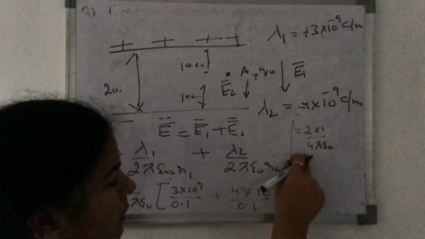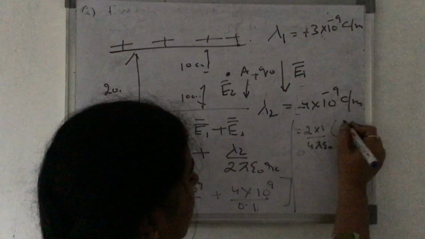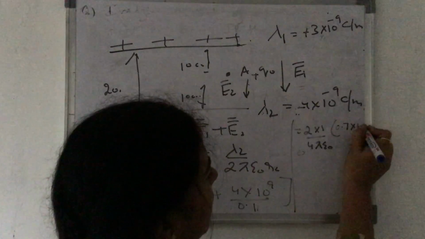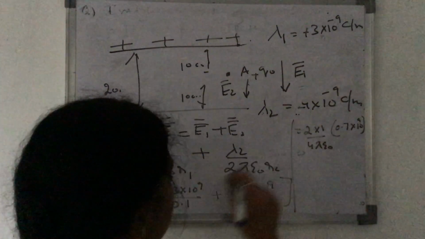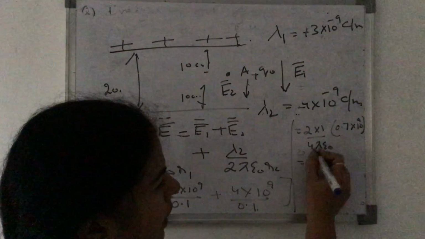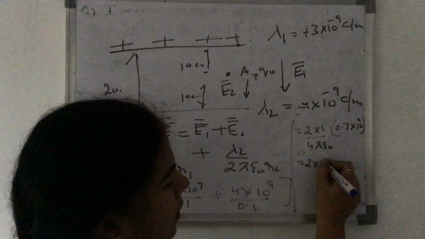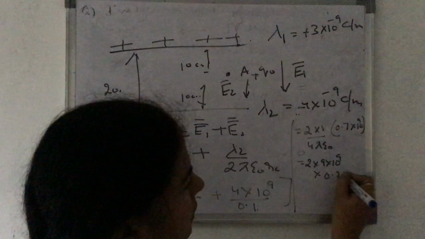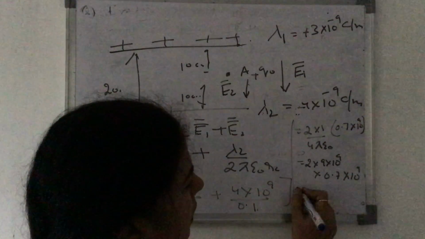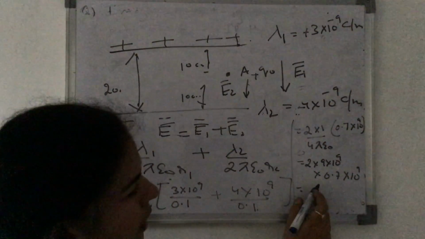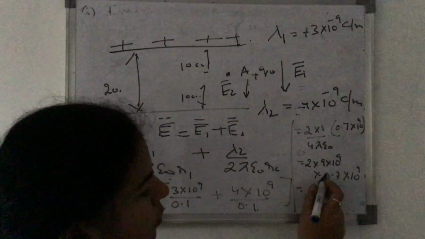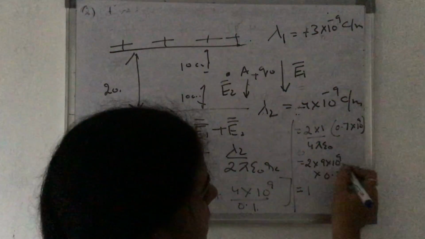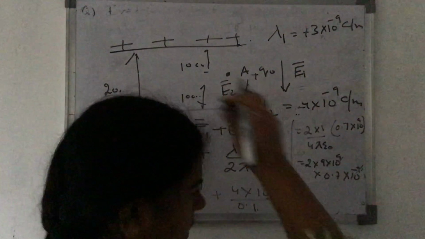क्योंकि 1 by 4 pi epsilon naught की वैल्यू हमें पता होती है. यहाँ पर क्या आ गया? 0.7 into 10 raised to power 9. 0.7 इसको ऐड कर लें. अब ये हो गया 2 into 9 into 10 raised to power 9 into 0.7 into 10 raised to power 9. तो ये कितना हो गया? सॉल्व करो. 14 into 9. अच्छा, 10 raised to power minus 9 और plus 9 तो ये आपस में कैंसिल हो जाएंगे.